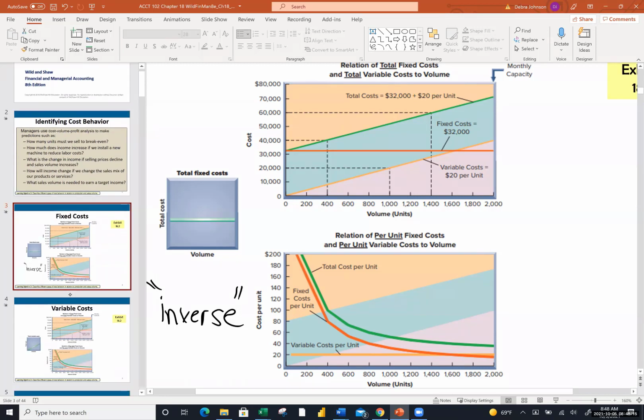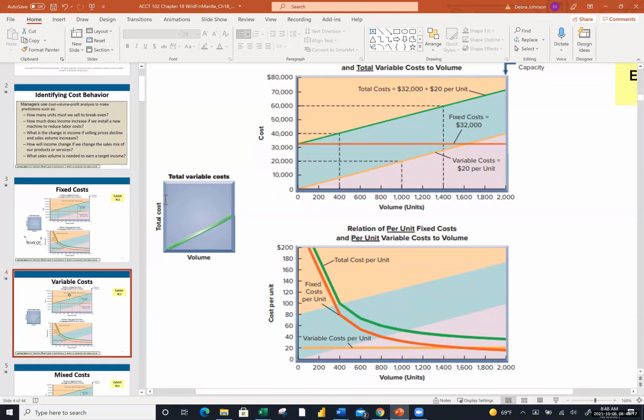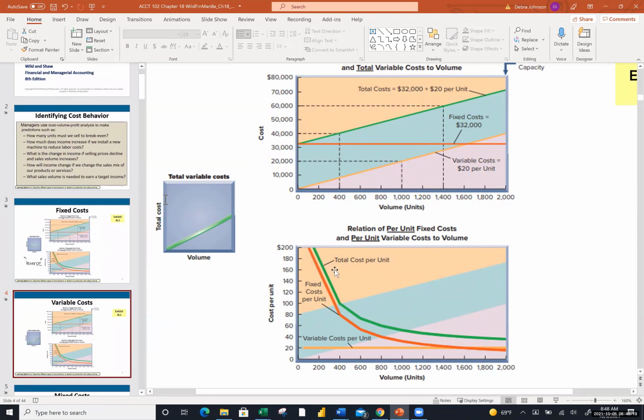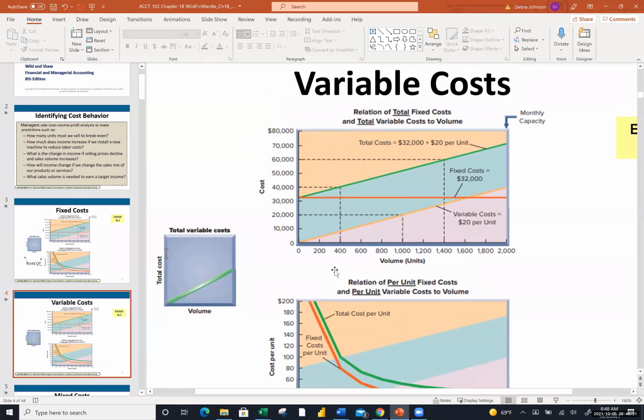Okay, then the opposite of a fixed cost is, let me get the title up there, a variable cost. A variable cost is a cost that increases or decreases in proportion to changes in activity levels.